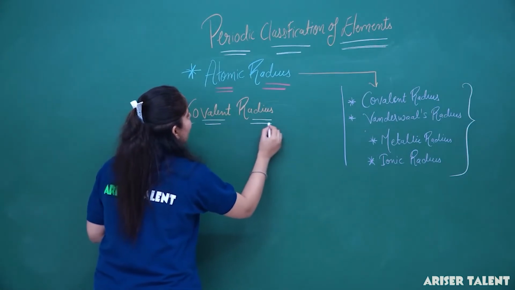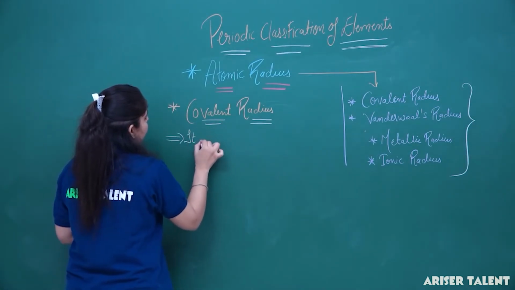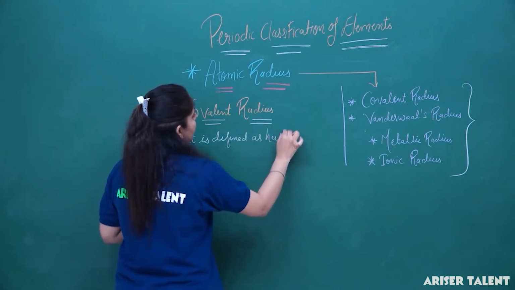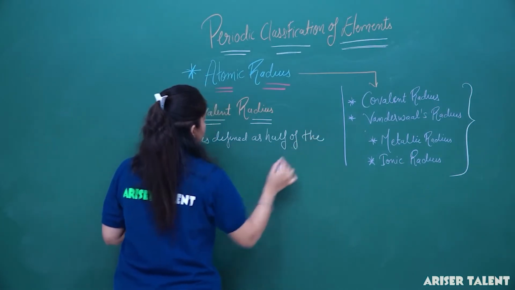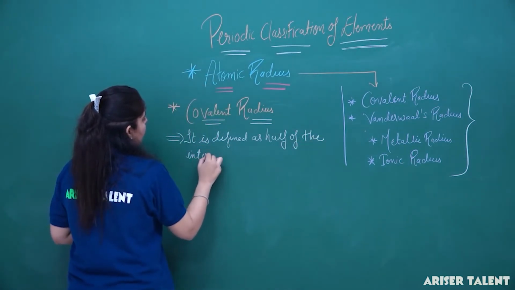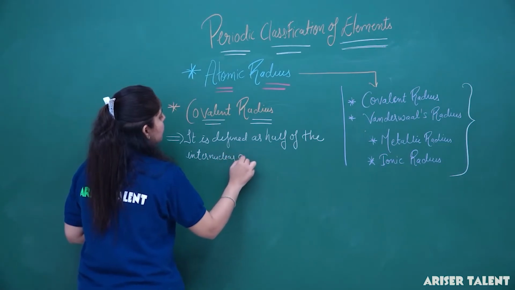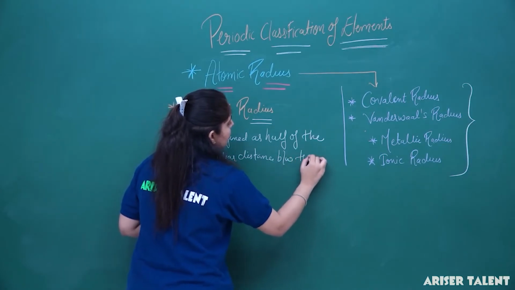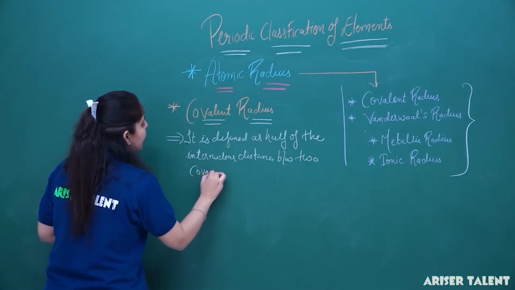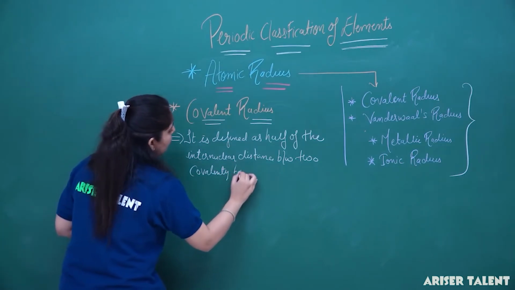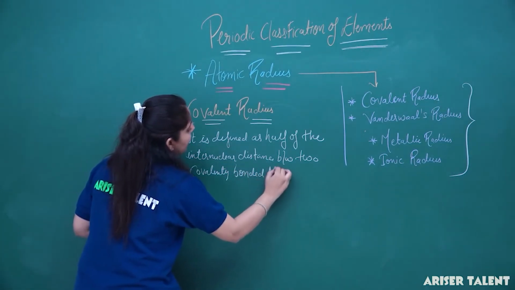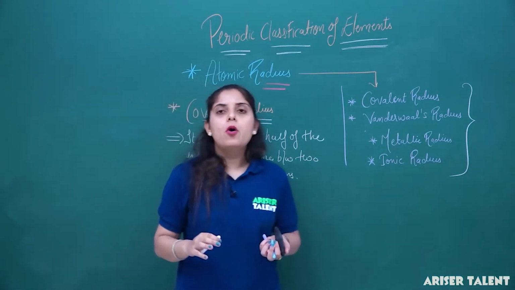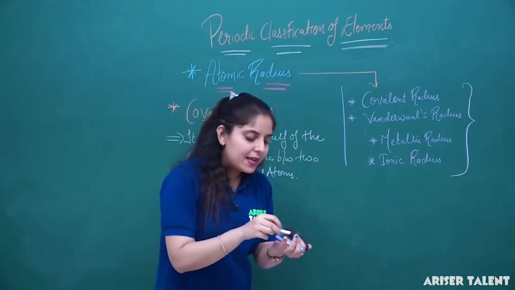Covalent radius is defined as half of the internuclear distance between 2 covalently bonded atoms. It means when 2 atoms are bonded by a covalent bond, we can say that a covalent radius will exist between them.